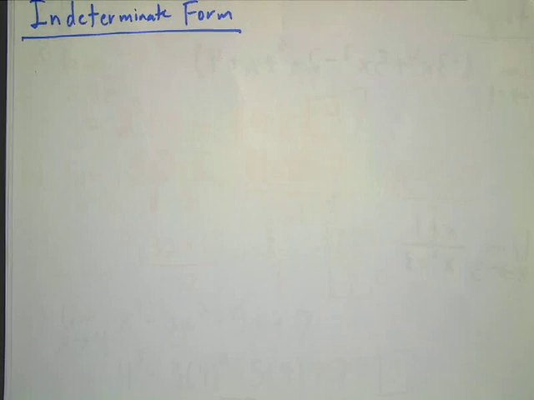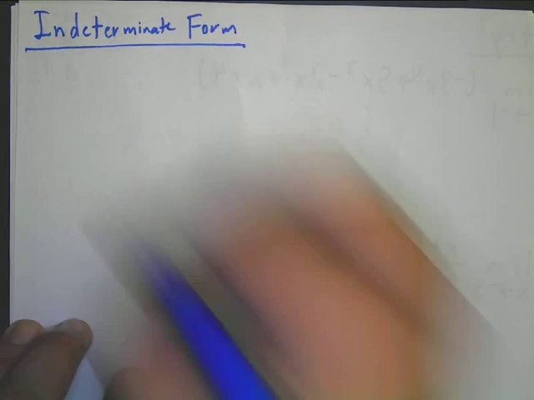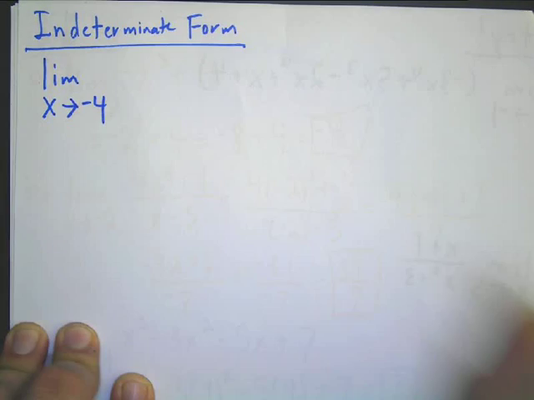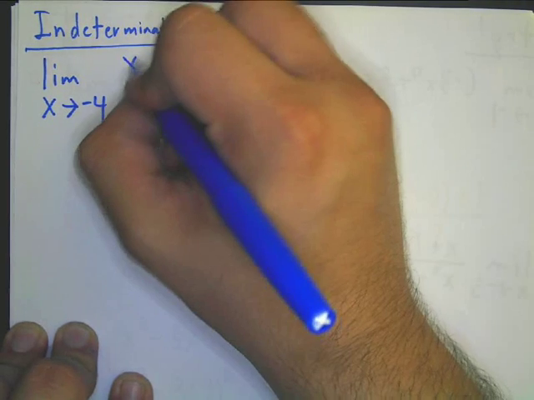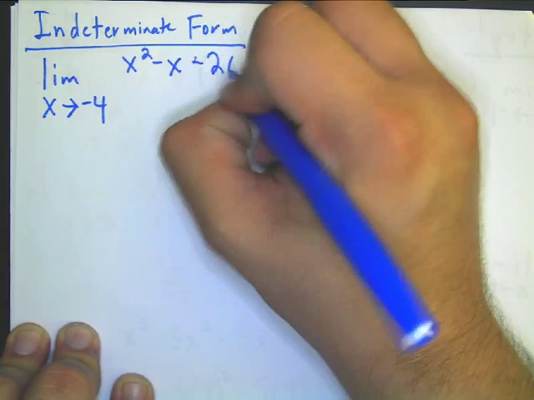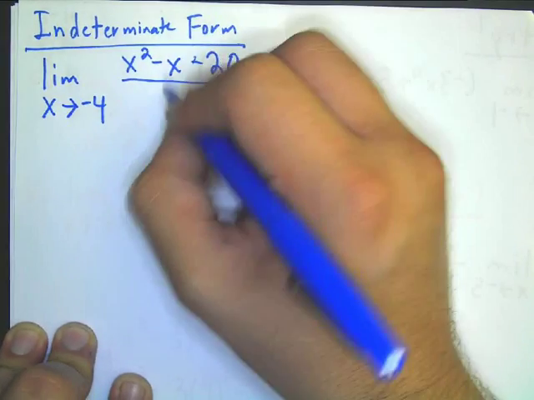Alright, so let's look at this example. Let's say the limit as x approaches -4 of (x squared minus x minus 20) over (x plus 4). It's a fairly simple problem.